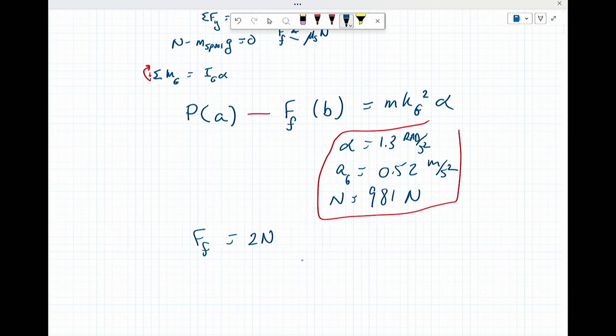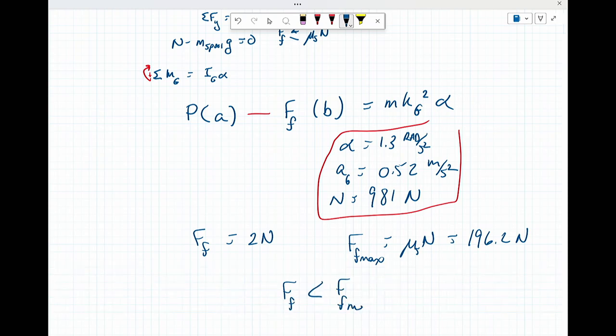And force of friction max is mu sub s times N, which is 981 newtons times mu sub s, which is 196.2 newtons. So force of friction is less than force of friction max.